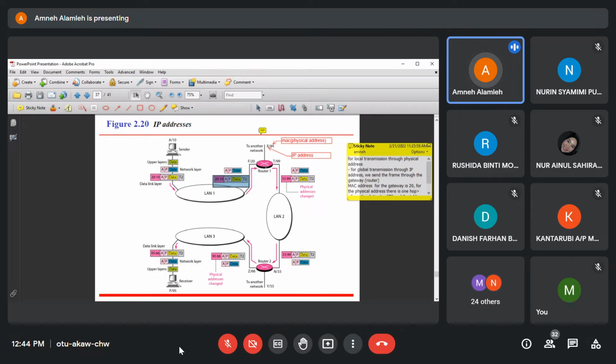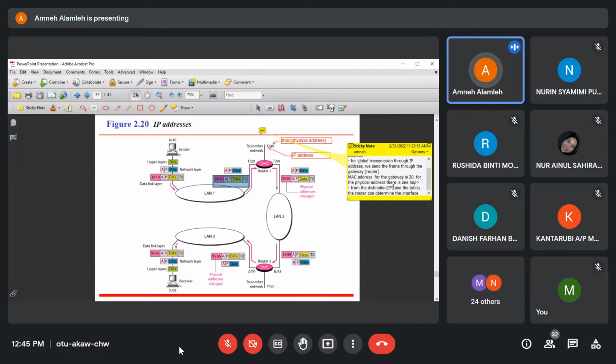So router 1 now, through the table in router 1, through the IP address, we send the frame through the gateway router. The MAC address for the gateway is 20 now.